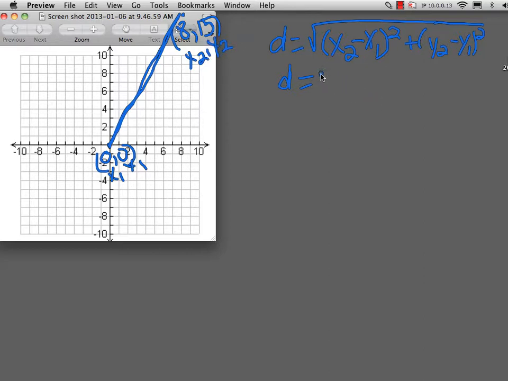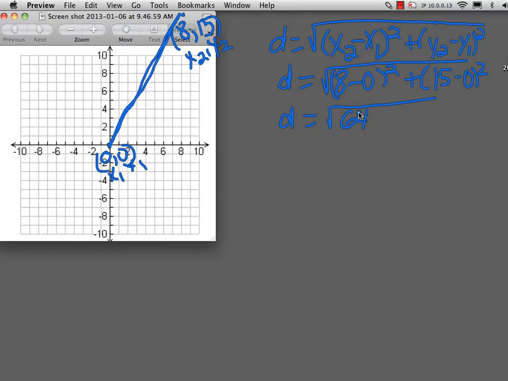So our distance formula will be 8 minus 0 squared plus 15 minus 0 squared. 8 minus 0 is 8, and squared would be 64.